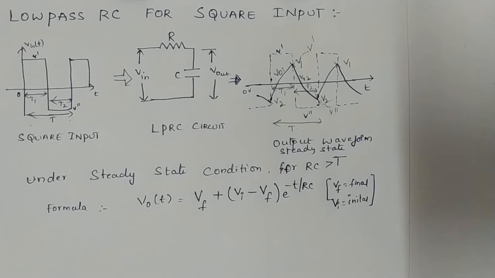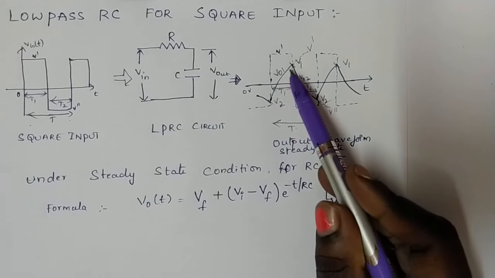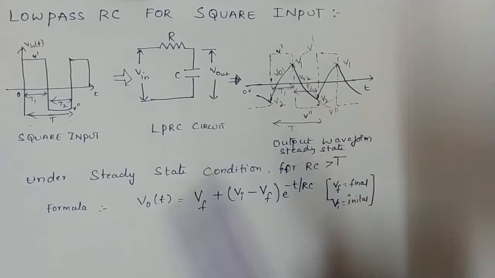This is the generalized formula for finding the values of V2 and V1, that is V naught of t equals V final plus V initial minus V final into e power of minus t by RC. Now we have to calculate for V01 and V02. First we will find V01 and then V02, and finally we have to calculate the V2 and V1 values.